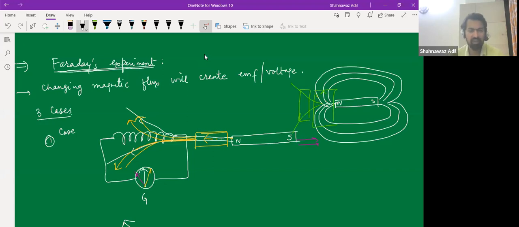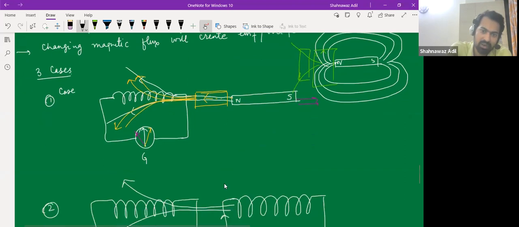So whenever we change the magnetic flux, it will induce some voltage in the circuit. So that is the crux of Faraday's experiment. In all three cases, we saw that whenever we change the magnetic flux inside the coil, it will create some EMF, some induced voltage.